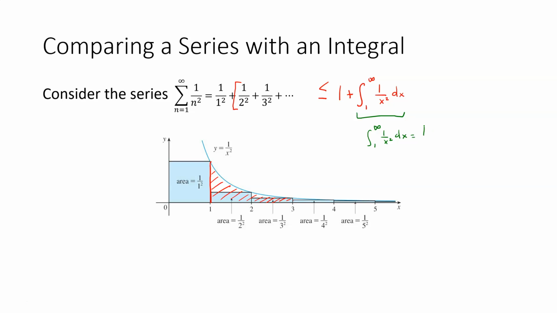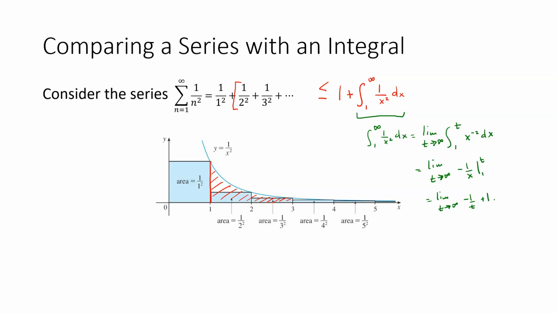We can evaluate it, right? It's the limit as t goes to infinity of the integral from 1 to t of x to the negative 2. Integrating that, we'll have negative 1 over x evaluated from 1 to t. So it would be negative 1 over t minus negative 1, so plus 1.